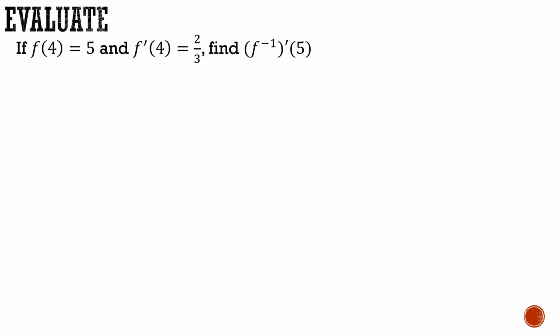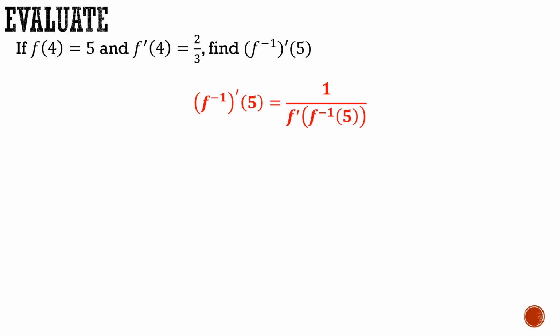All right, so in this example, we have f of 4 equals 5, and then they told us that f prime of 4 is 2/3, and they want us to find the derivative of the inverse at 5. So again, all I'm going to do is use my formula that I have memorized, and I'm going to plug in my 5, or the value of whatever x is, into my formula. So the derivative of f inverse is equal to 1 over f prime of f inverse of 5.